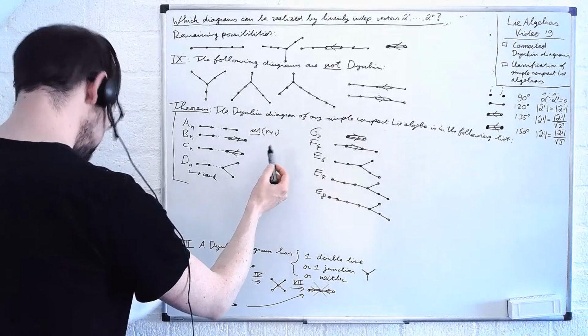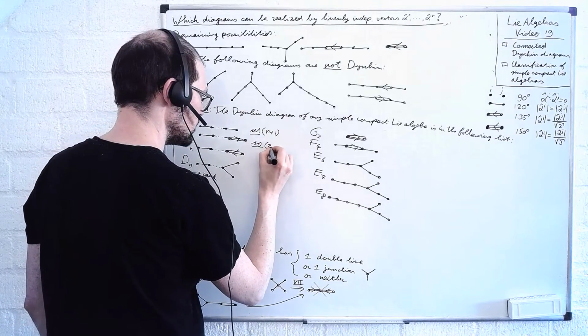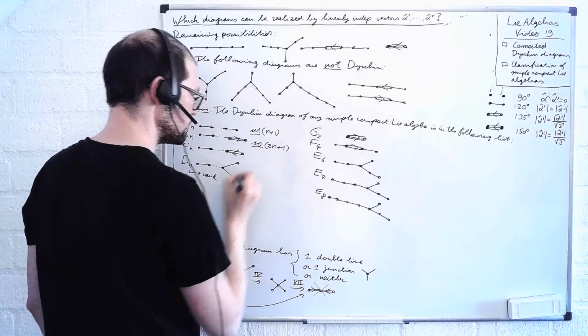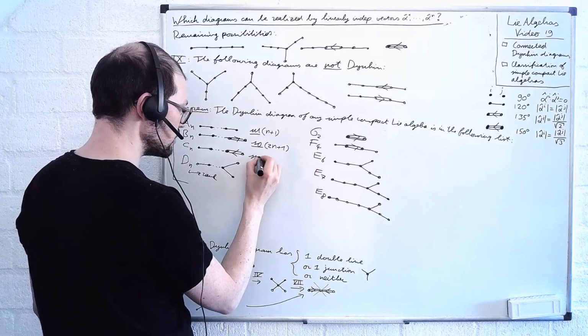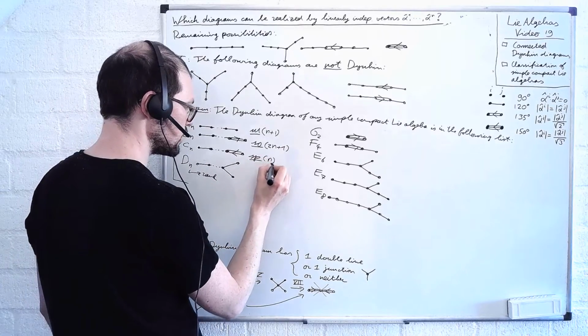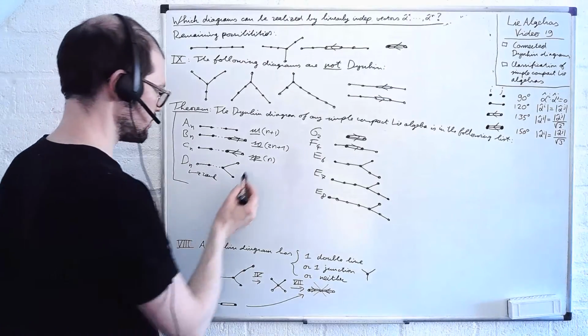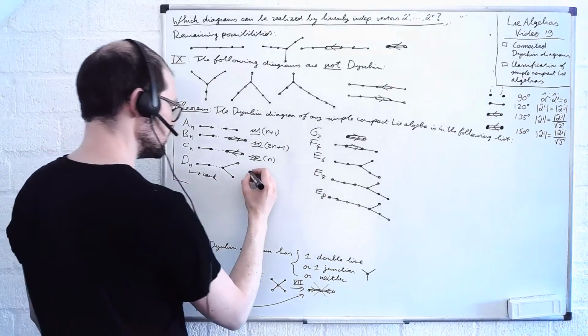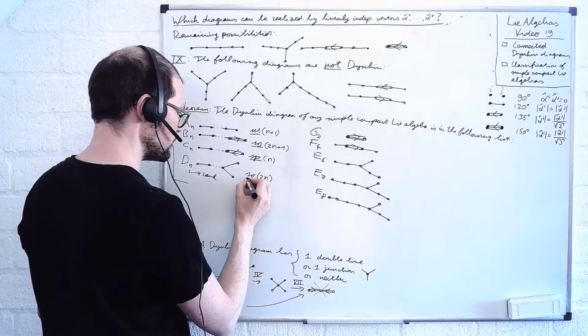This one is the orthogonal group in odd dimension. This is the compact symplectic group, SP(n), that we only very briefly looked at. And then these are the orthogonal groups in even dimension.